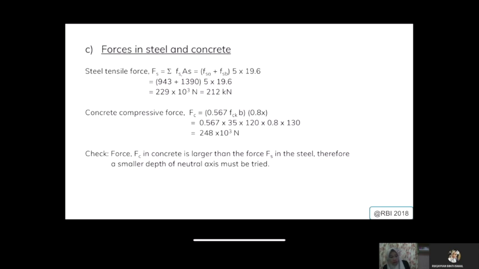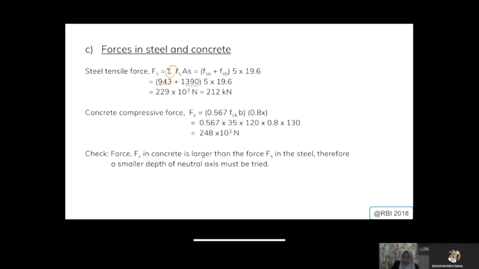So, forces in steel and concrete. Basically, for steel, we know that we have two layers, so you have to calculate the summation of each layer's contribution. You will have two values of stress, which are 943 and 1390.